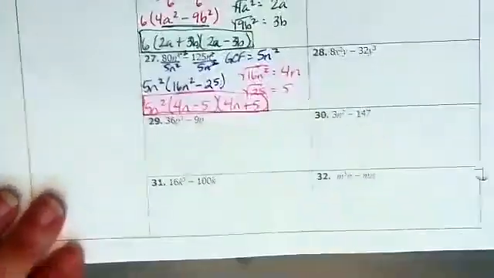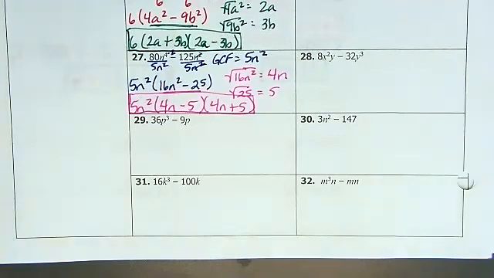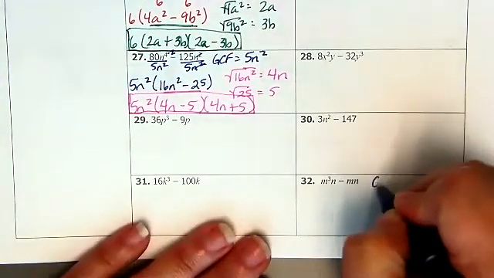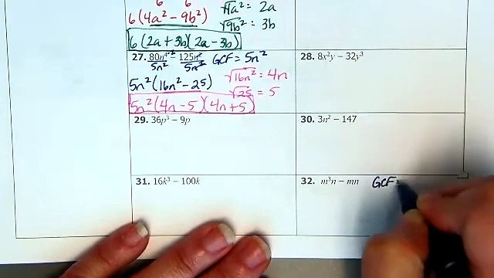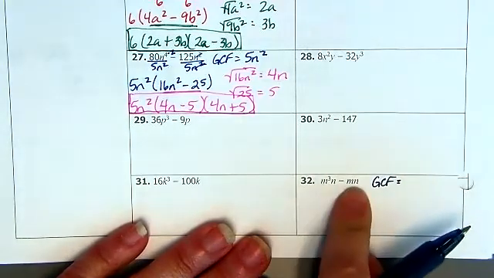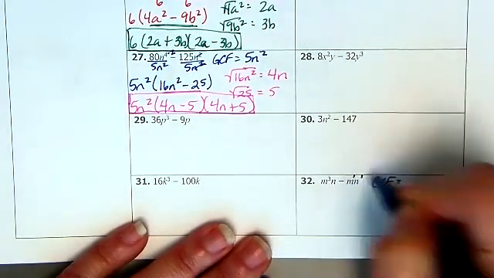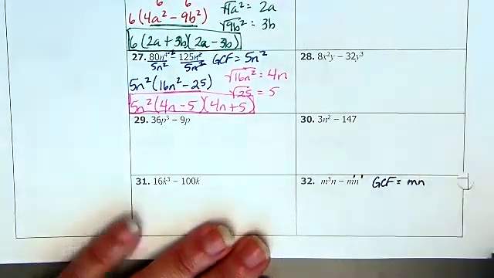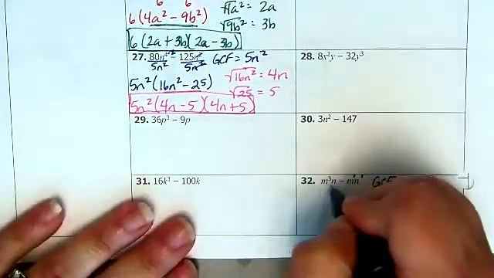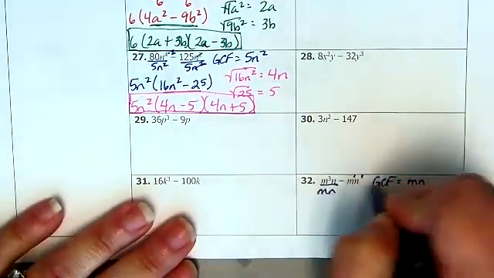Okay, last one, just letters, no numbers. So I've got to figure out what's my GCF. Well, they both have an m and they both have an n. The lowest coefficients are 1, so my GCF is mn. So that's what I'm going to pull out. I divide each one by mn.